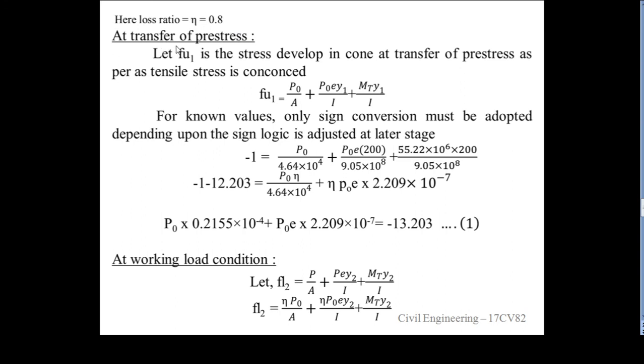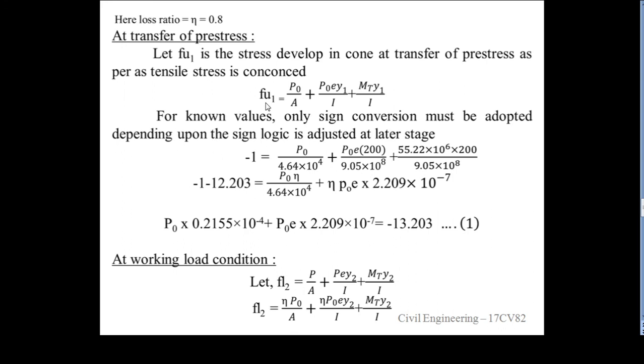At transfer stage, let Fu1 be the stress developed in concrete at transfer as far as tensile stress is concerned. That is, at the transfer load condition we are given the value -1, the tension at the top fiber.